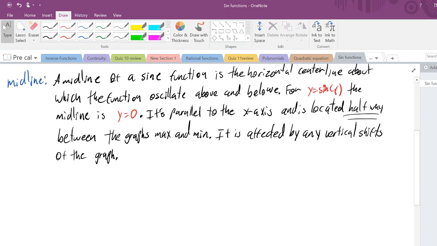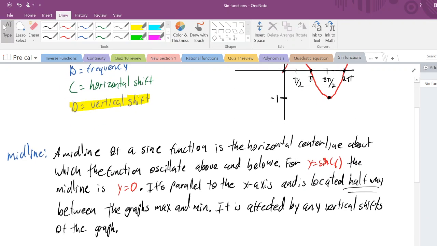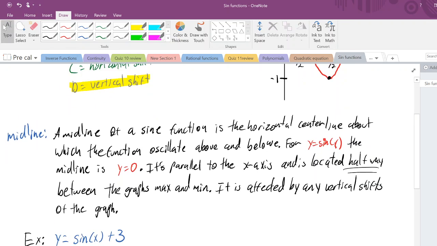So, for example, I have y equals sine of x plus 3. How do I know that it's a vertical shift and not a horizontal shift? Well, you look at it like we did with quadratic and polynomial equations.